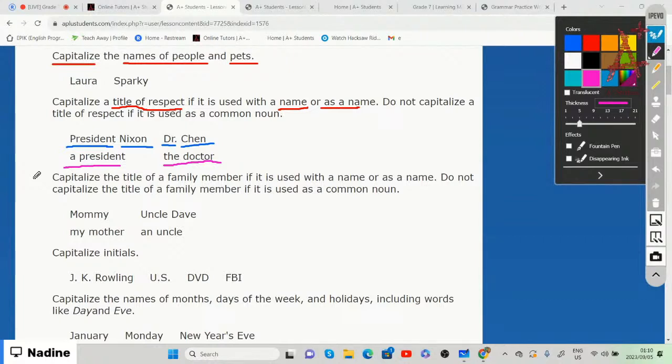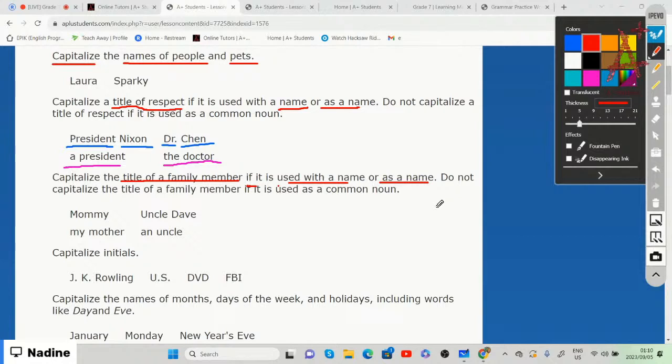So we also capitalize the title of a family member, that is if it is used with a name or a surname. If it is used with a name or as a name, then we capitalize the titles of family members. We do not capitalize the titles of family members if they are used as common nouns.